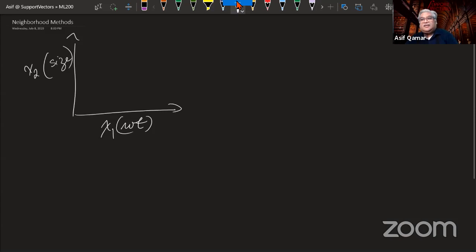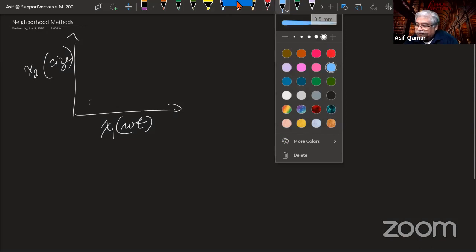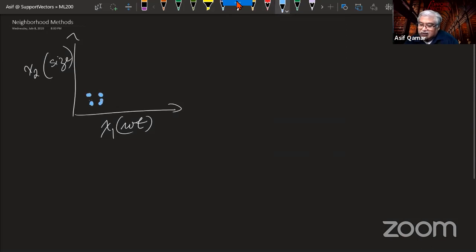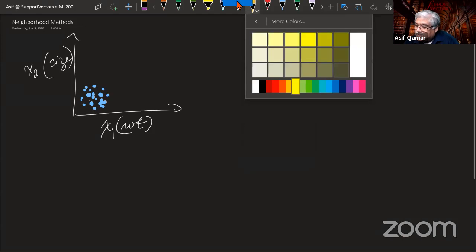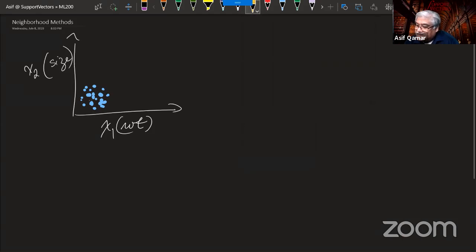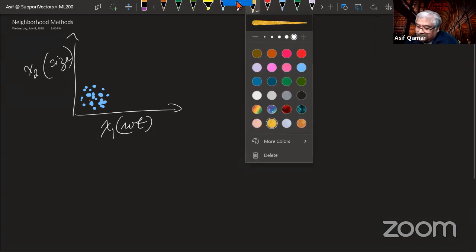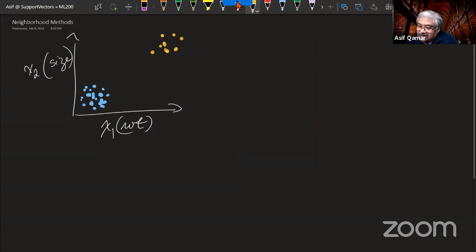Would you agree that most of the duck data points would be like this, and most of the cow data points would be together? They would be big and heavy creatures.